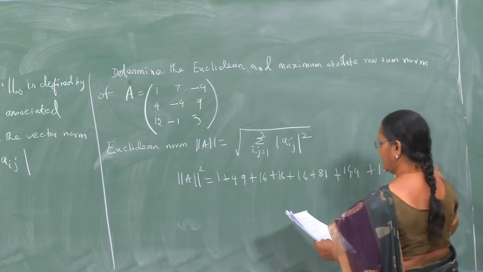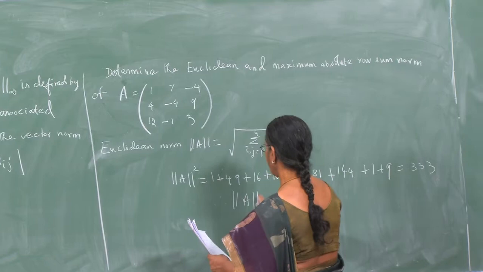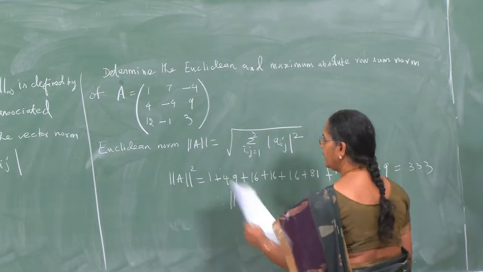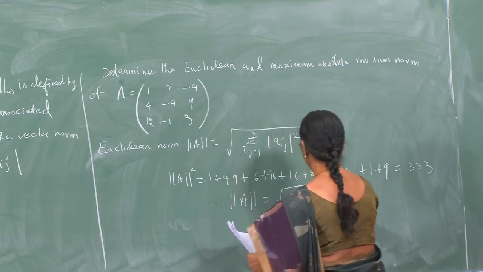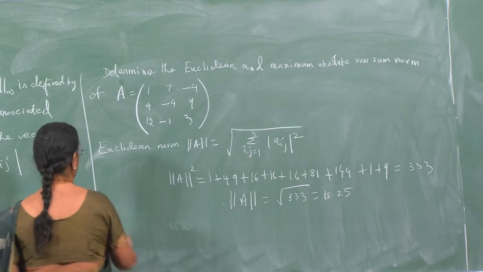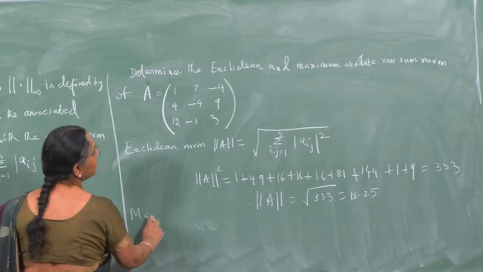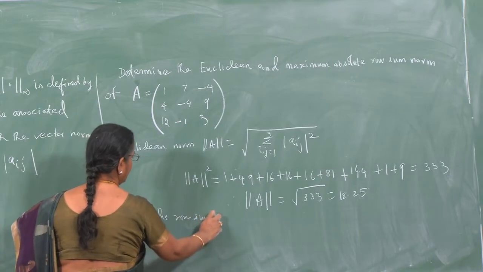That turns out to be 333, and therefore the Euclidean matrix norm of A is root of 333, which is 18.25.